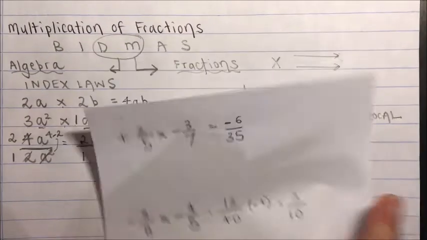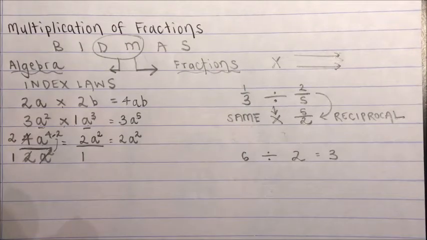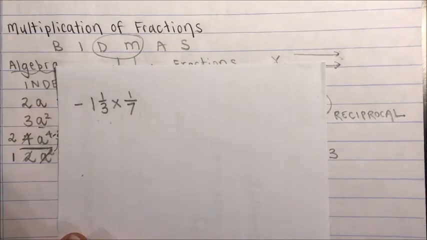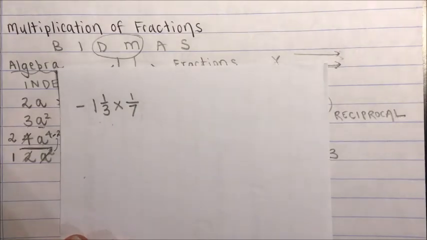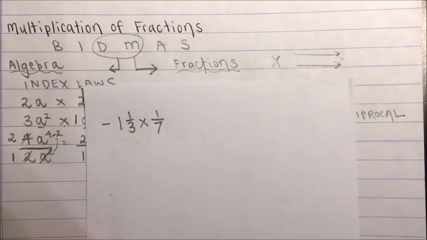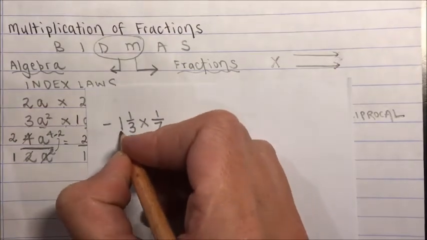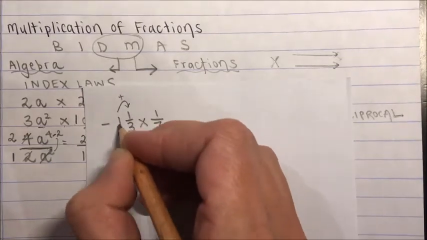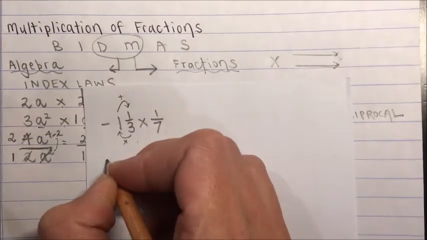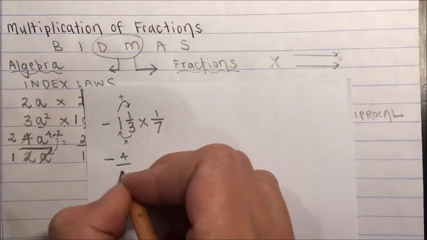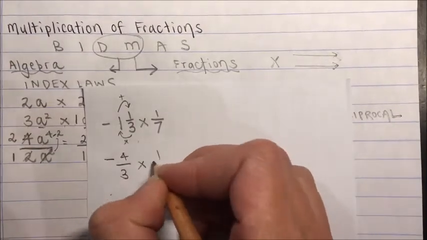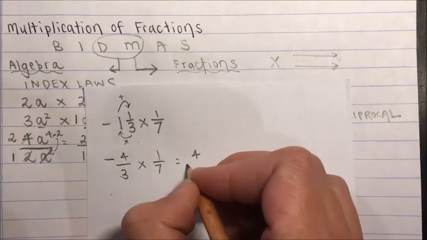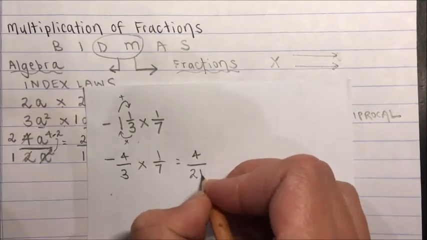Excellent. Let's have a little look with mixed numbers. Again, when we've got mixed numbers, we need to try and convert them back into improper fractions just to make it easier to handle. So 3 times 1 is 3 plus 1 is 4. -4/3 times 1/7 equals 1 times 4 is 4, 3 times 7 is 21.